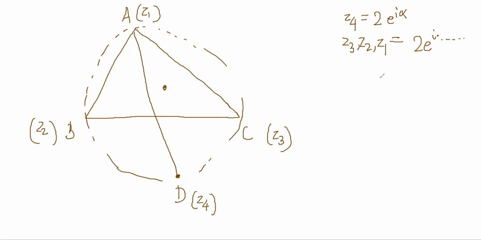Correct? They are all lying on a circle of radius 2, right? Yes, sir. So let's now put this as a horizontal line and stuff. I mean, but that will not help us much.